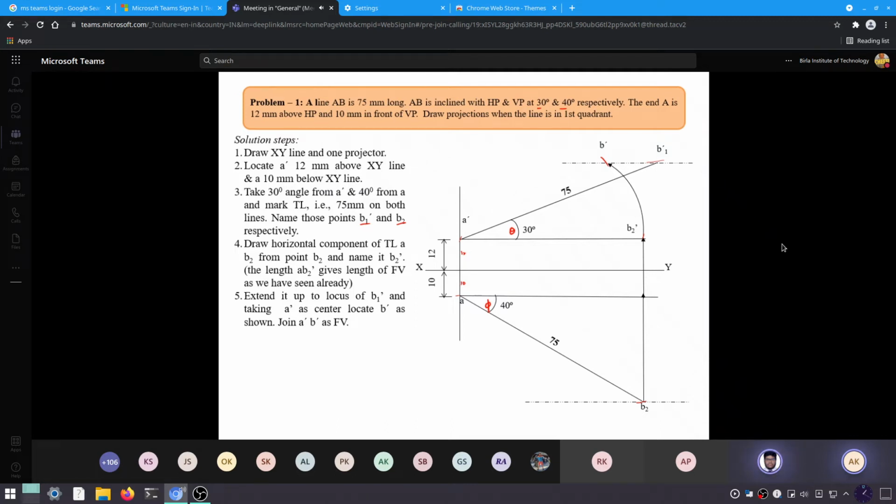Now after joining A dash and B dash, we will get the front view, right?